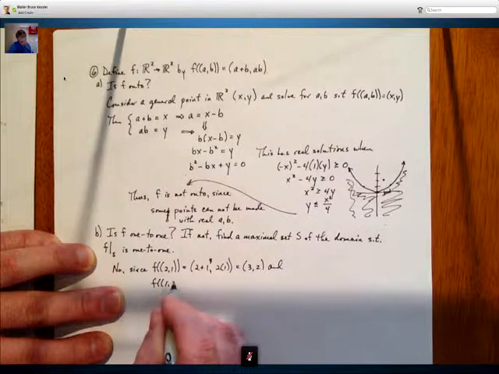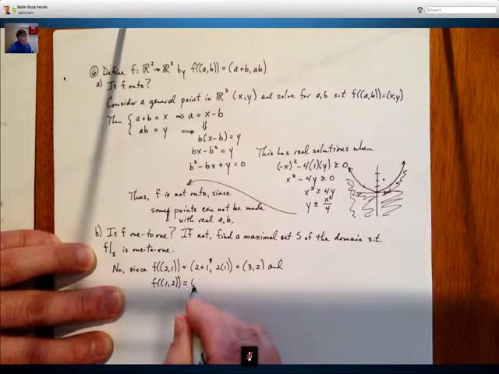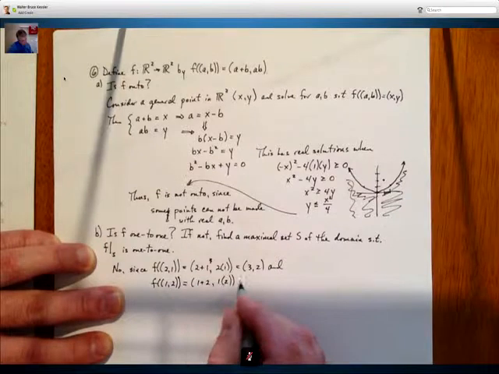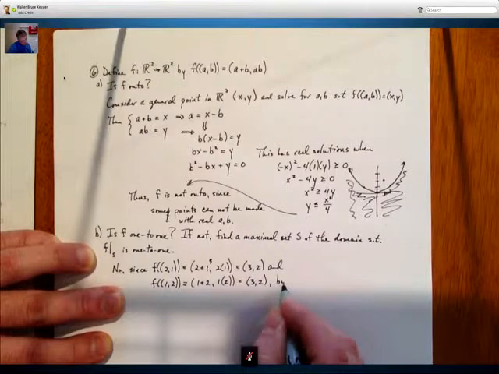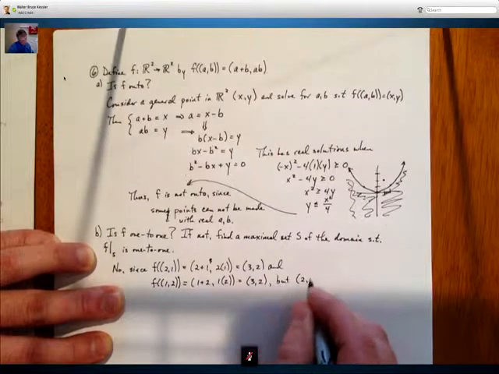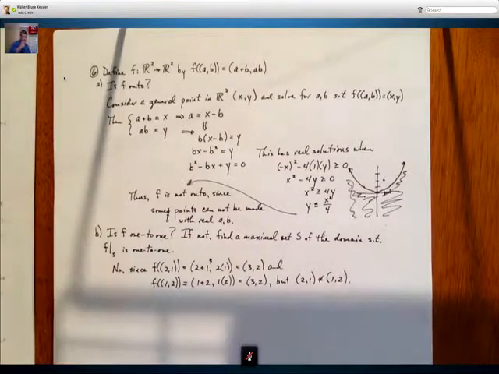And then f of 1, 2 is 1 plus 2 times 1 times 2. So this is 3, 2. But 2, 1 is not equal to 1, 2. Okay. So 1-to-1 is wrecked on that one.